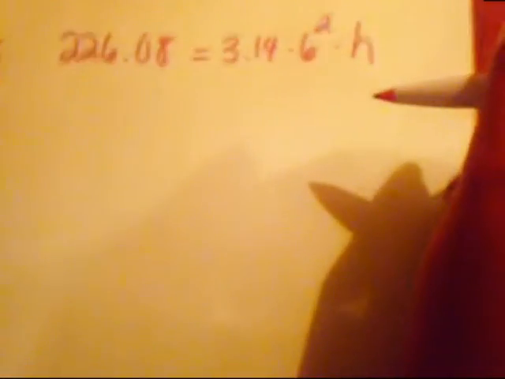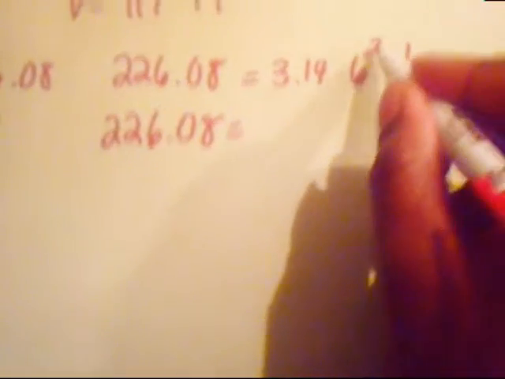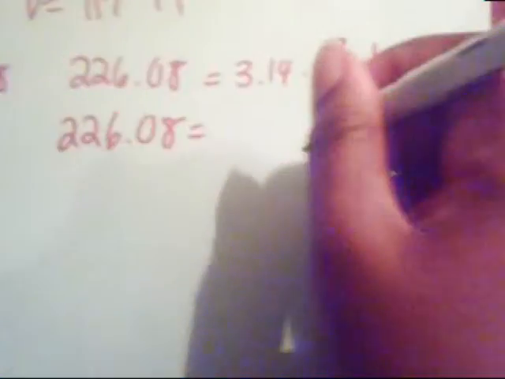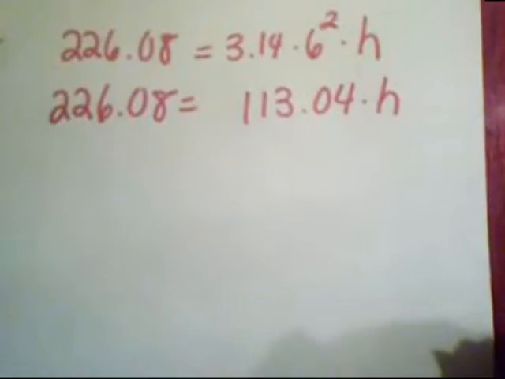No. It even asks us in the problem, what is the height? So we know that we don't know the height. Okay? So let's multiply. On this side of the equal sign, you can't multiply anything. But on this side, 3.14 times 6 squared would give you 113.04 times h.